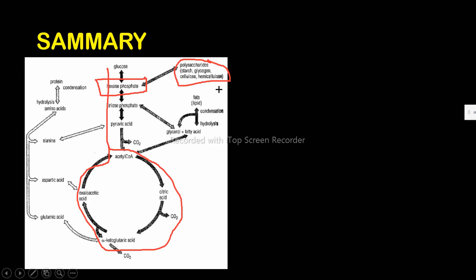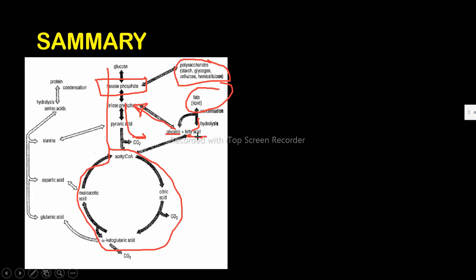If they are fats, the fats are going to be hydrolyzed to form glycerol and fatty acids, as you can see. Then the glycerol is going to be oxidized, and then you phosphorylate it to form a triose sugar, which is phosphoglyceraldehyde, and then it continues.